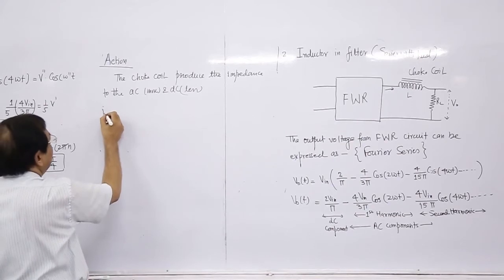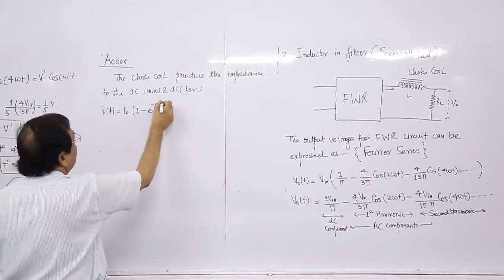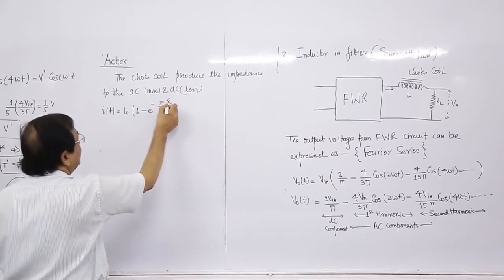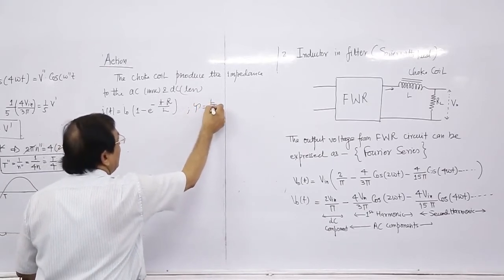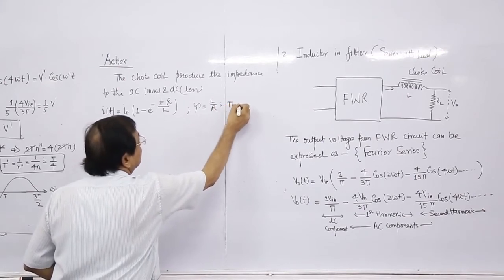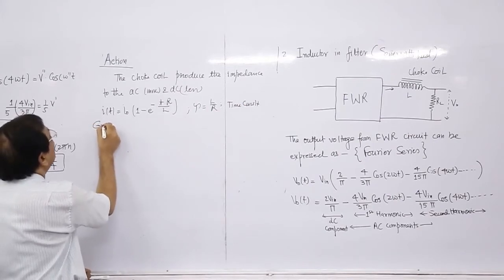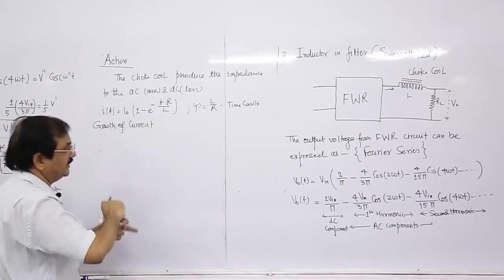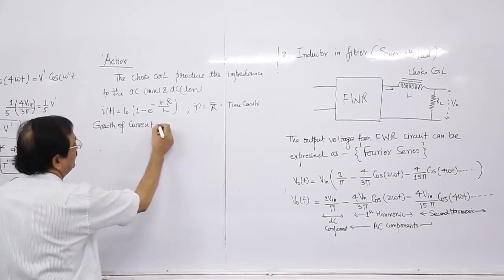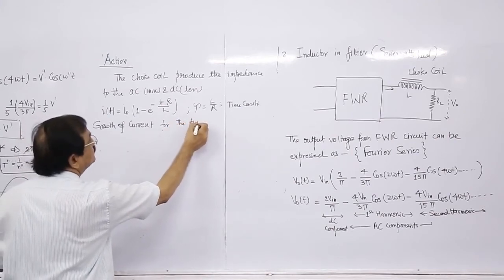The current is I t equal to I0 into 1 minus e raised to the power minus R t by L, where tau is the time constant, L by R. This is the growth of current for the first half cycle, for the time T by 4.